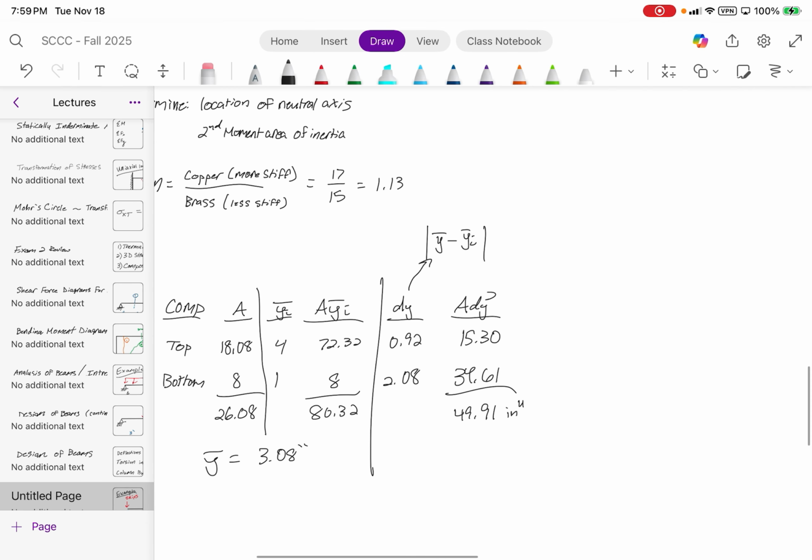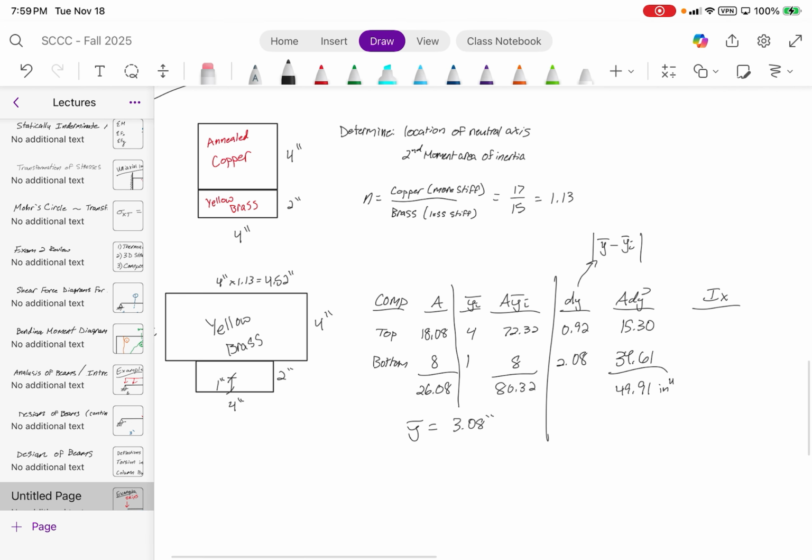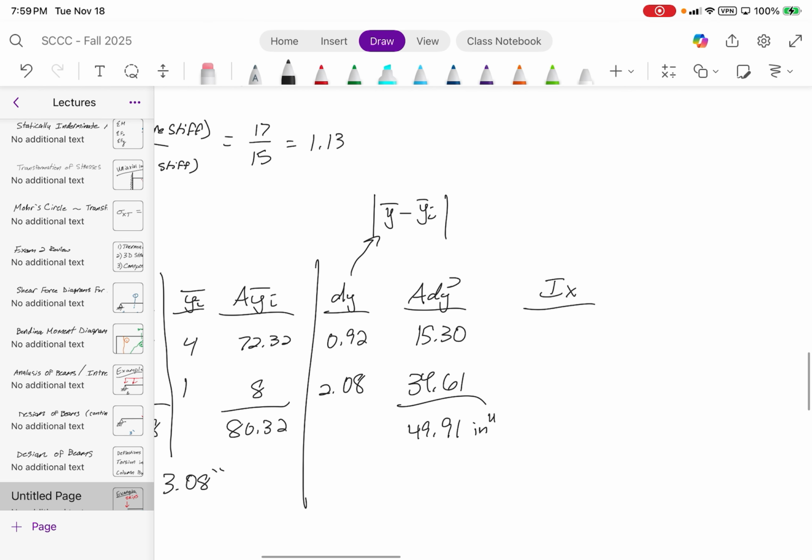Awesome. For Ix now, use bh cubed over 12 of the transformed section. So for the top, it's going to be 4.52 times 4 cubed divided by 12. You should get 24.11.